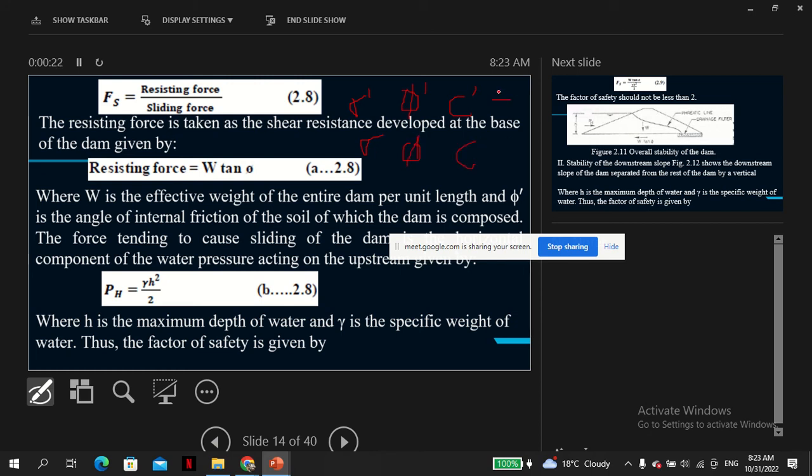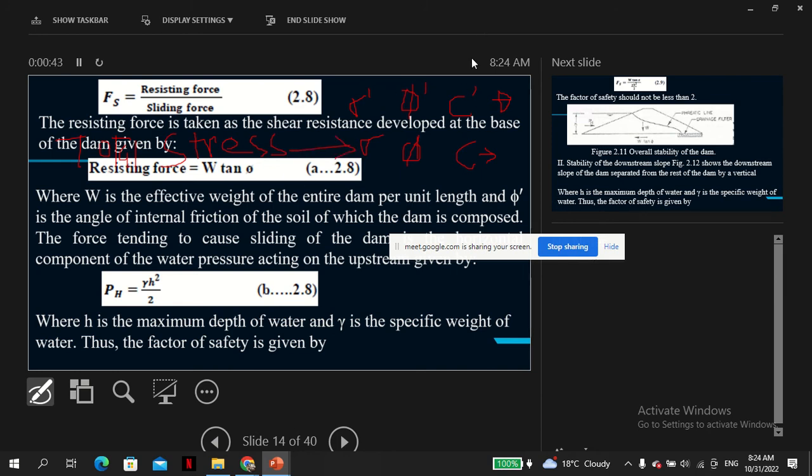So these ones you consider the pore water pressure, and these ones do not. These are called total stress parameters, and the other ones are effective stress.